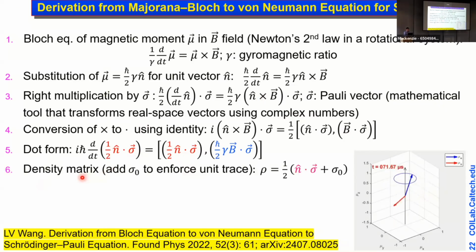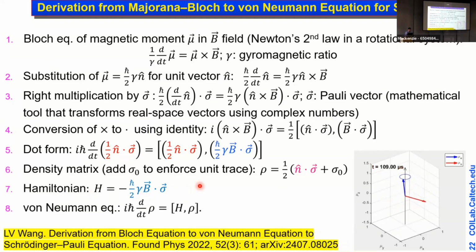If we define a density matrix using the red quantity, that's basically your vector direction. n is the vector of mu direction. And we can define the Hamiltonian, which depends on the B field. Now we can get the von Neumann equation, which is quantum. In fact, you can go further and convert the von Neumann equation into the Schrödinger equation. Now, this whole derivation is bijective. You can go backwards step by step as well. So this gets quite interesting.